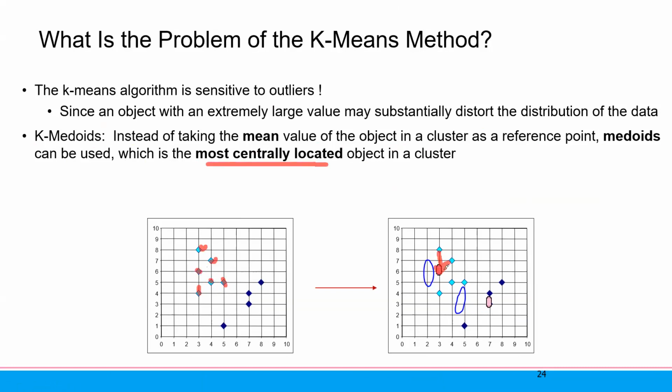As with the previous method, we can check the SSE, the error. If the error is small, then we can say that this object is the best representative.